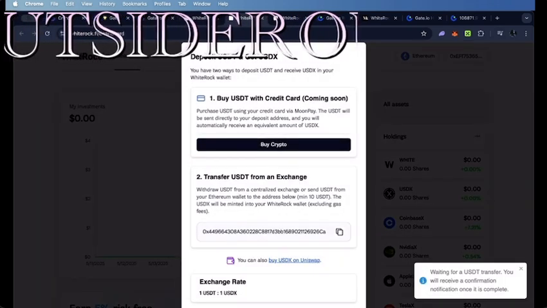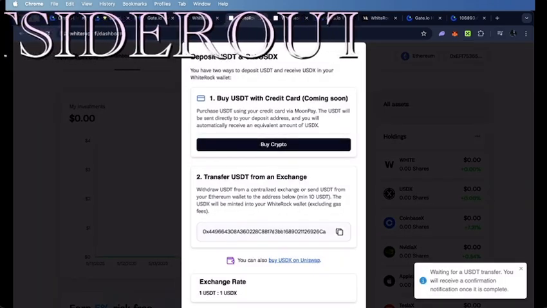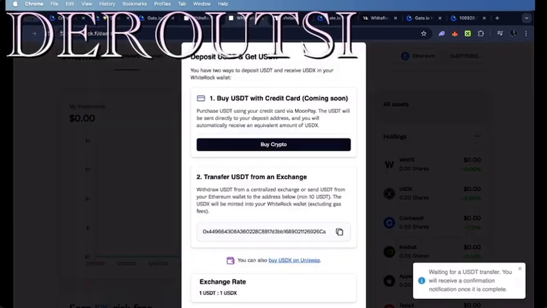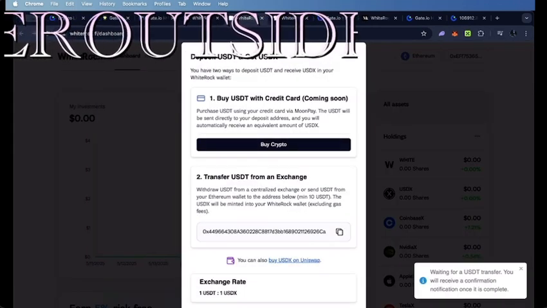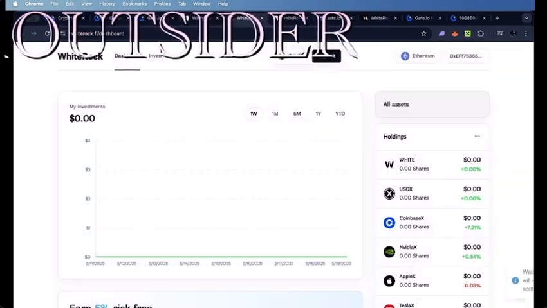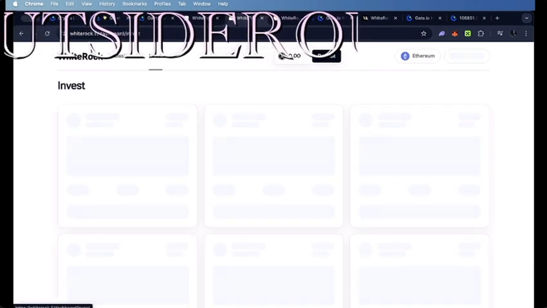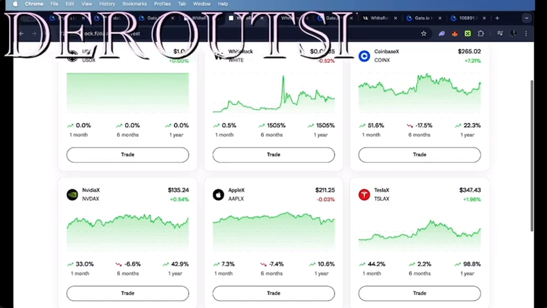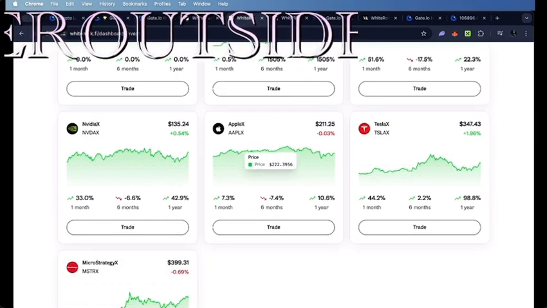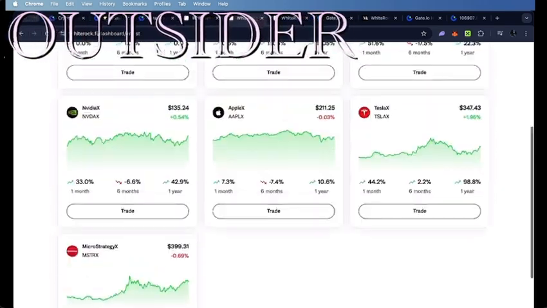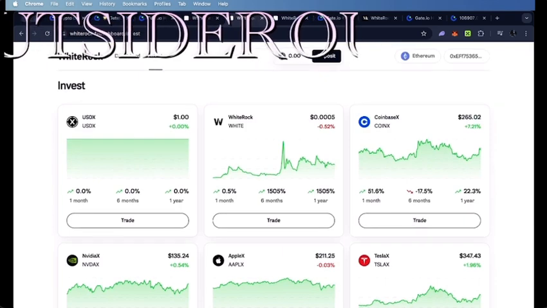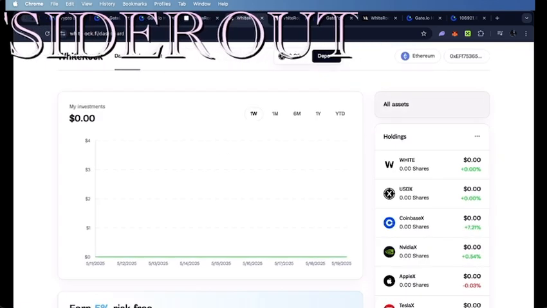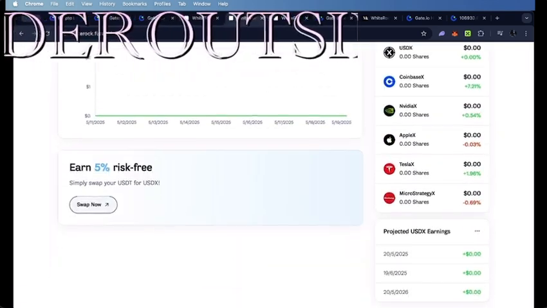I can use the deposit. Invest. Let's check where we can invest. We got Bytrack itself, Coinbase X, Nvidia X, Apple X, Tesla X. Okay, I think that's it for now.